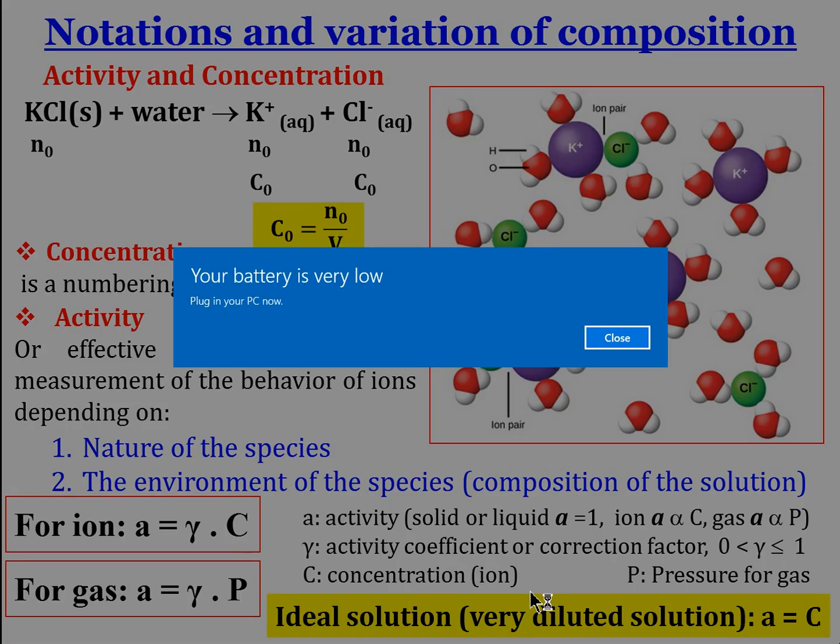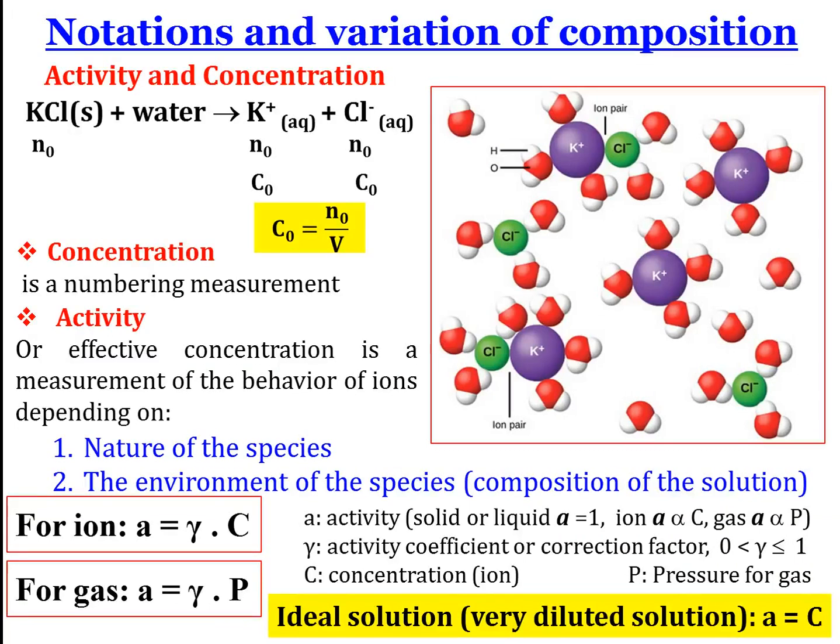If our solution was very dilute, that means Cl- is surrounded by a large number of water molecules, and also K+ is surrounded by a large number of H2O molecules.